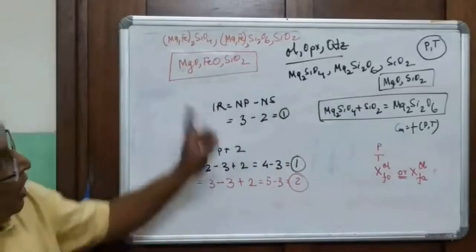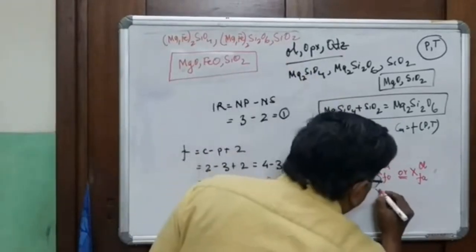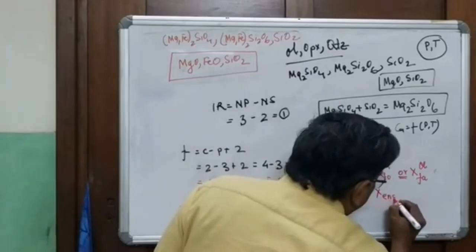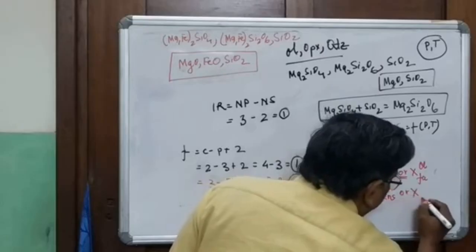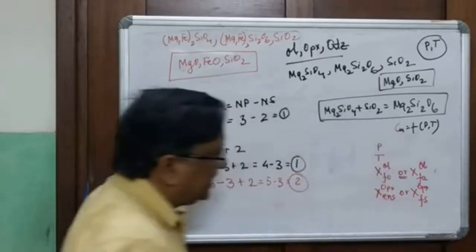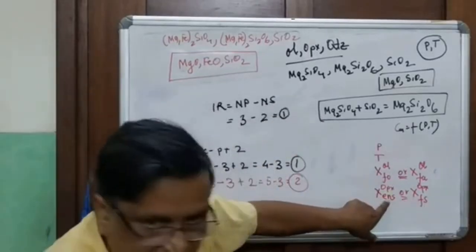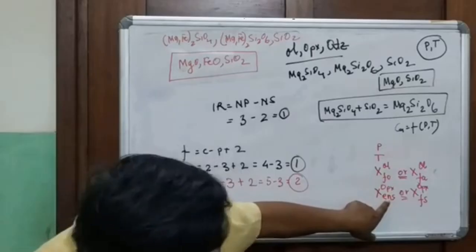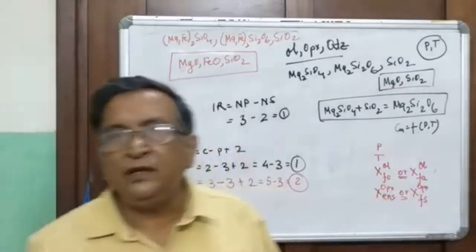Or you have X enstatite in orthopyroxene or X ferrosilite in orthopyroxene. Again this or. Why? Because X enstatite, or X Mg in orthopyroxene, plus X Fe in orthopyroxene has to be 1.